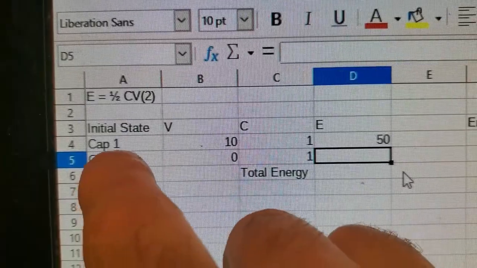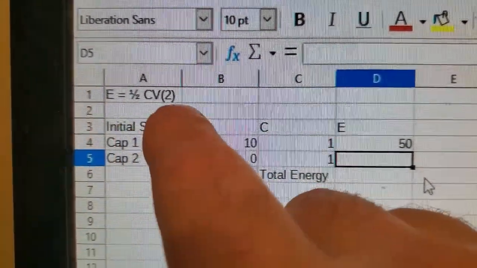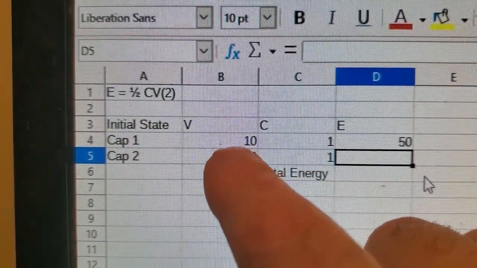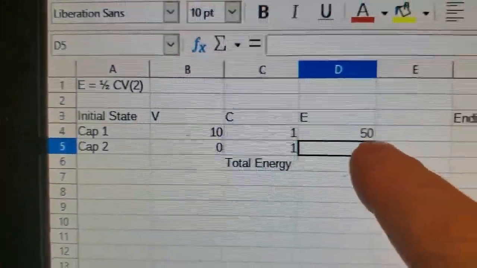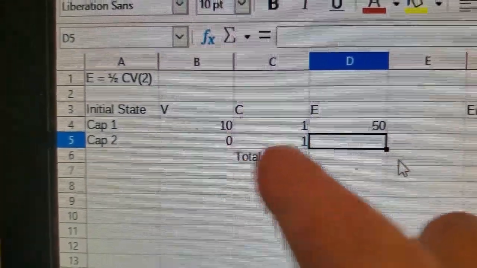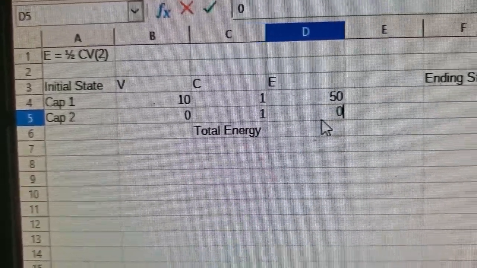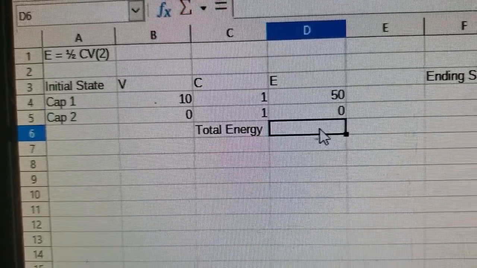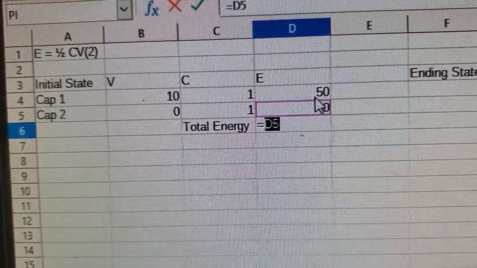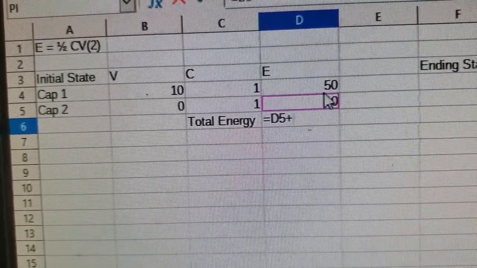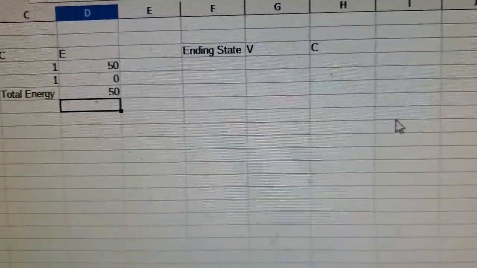Cap 1 is at 10 volts and it's 1 millifarad. Energy is 1/2 CV squared. Therefore, energy is 100 times 1/2 times 1, which is 50 millijoules. Energy here is 0. Total energy equals boom plus boom there.